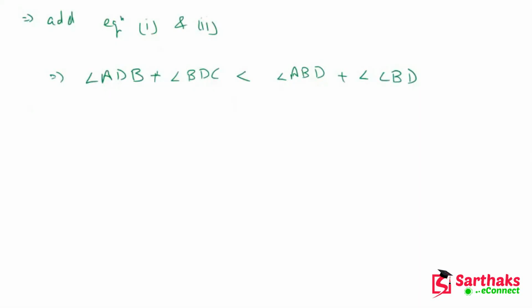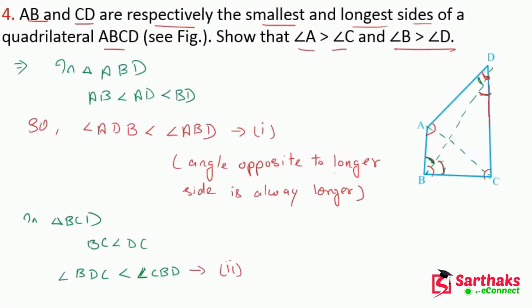If we add angle ADB and angle BDC, this angle and this angle, we get this complete angle, angle D.